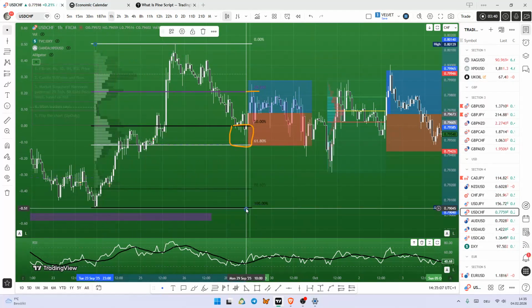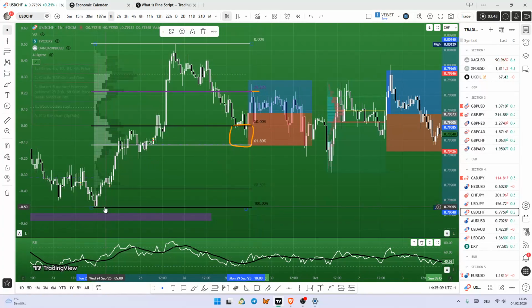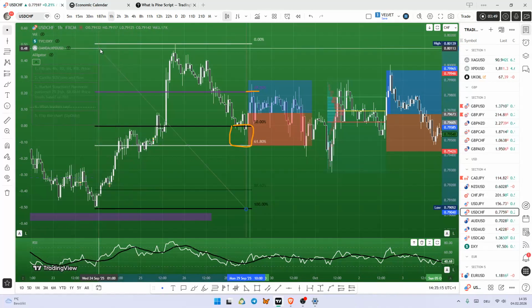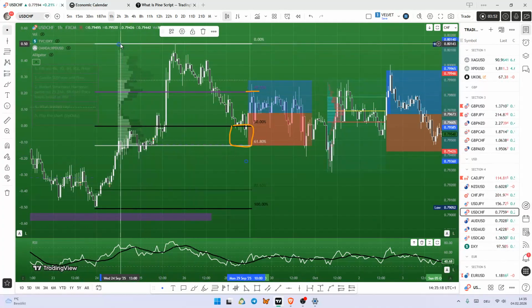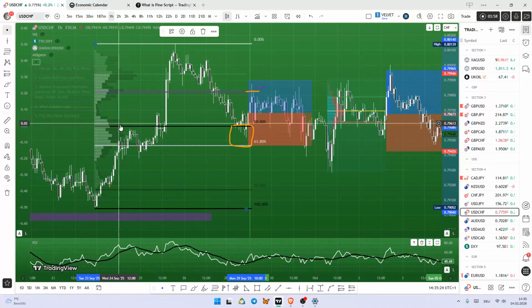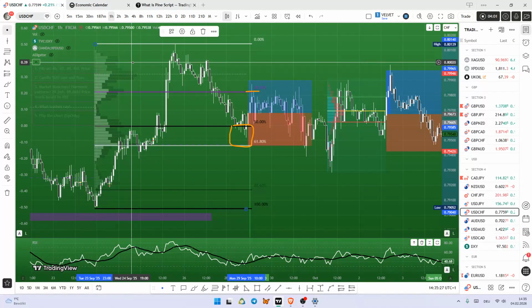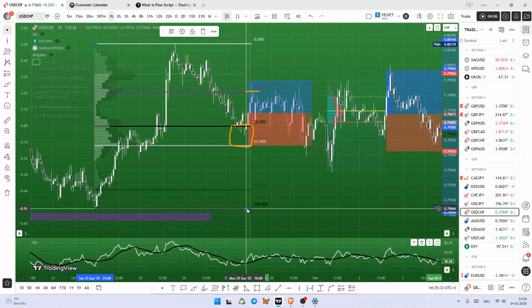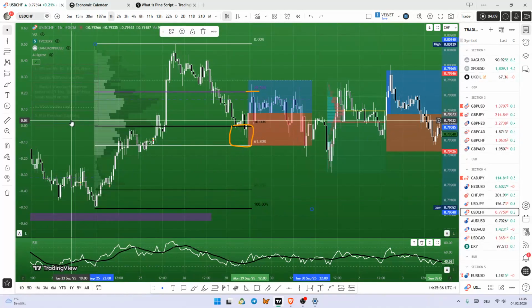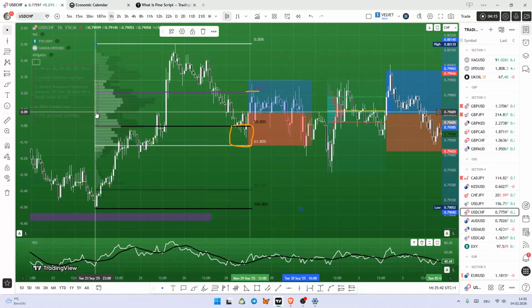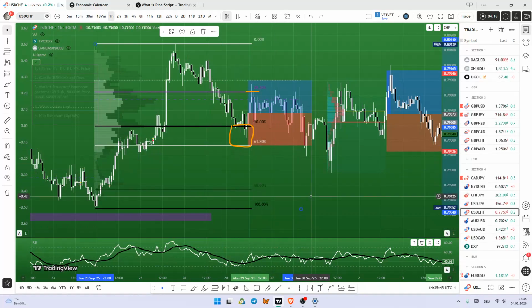I'm trying to make something out of volume profiles still. I haven't found yet a good method to simply use the volume profiles.